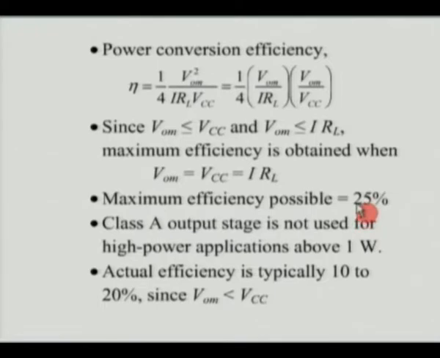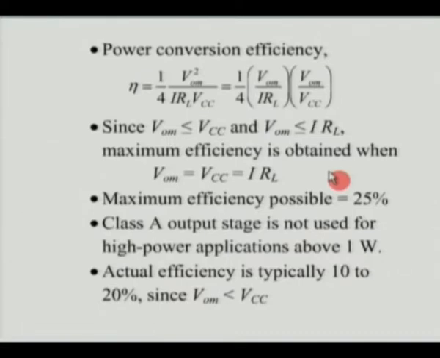So, this gives us an extremely important result as far as a class A amplifier is concerned. For a class A amplifier, the maximum theoretically possible efficiency is 25%, and even this is an approximation, because the signal cannot actually approach VCC; we assumed it to be VCC. Most of the time with a class A output stage, you cannot operate at that kind of input level.